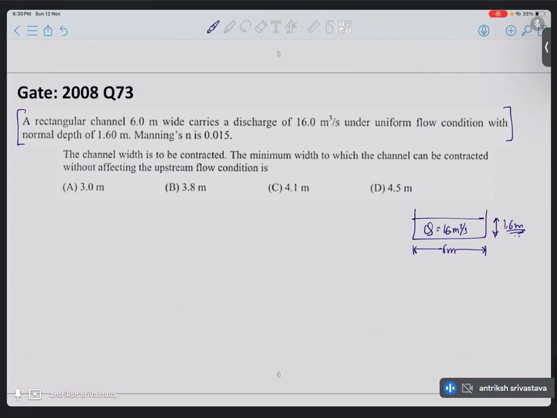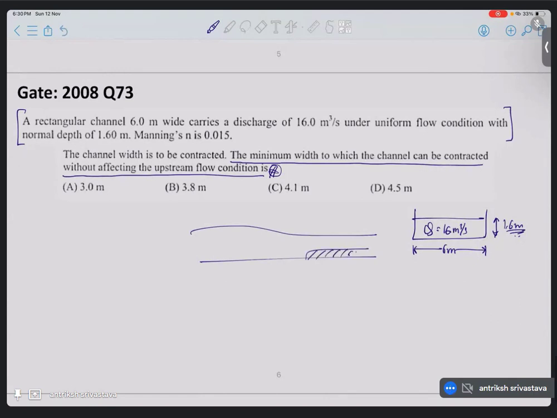The channel width is to be contracted. Now, the minimum width to which the channel can be contracted without affecting the upstream flow condition is... So similar to the above question where we provided the hump and it asked us the maximum delta Z so that the upstream is not affected, and that means that the downstream y2 is equal to yc.